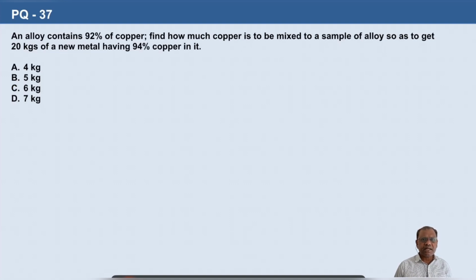An alloy contains 92% copper, and how much copper is to be mixed to a sample of alloy so as to get 20 kg of new metal having 94% copper in it. So we have alloy and new alloy, new sample alloy.